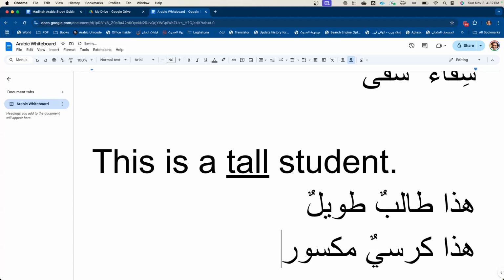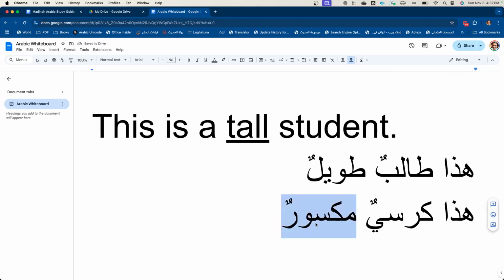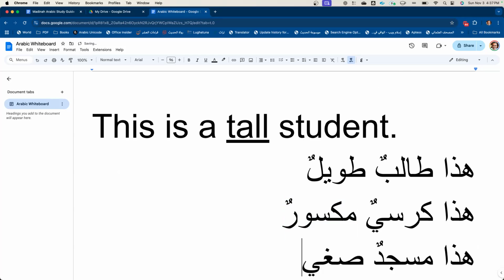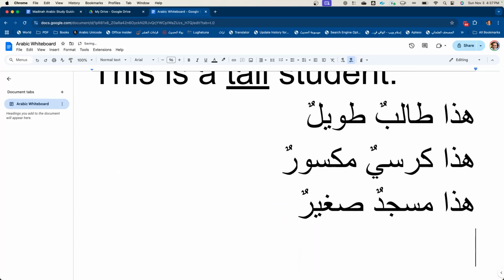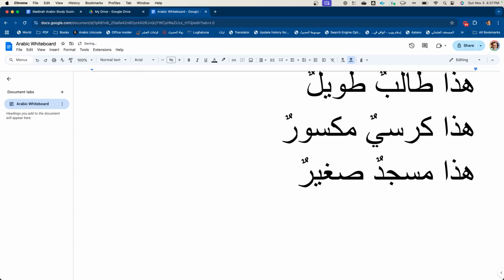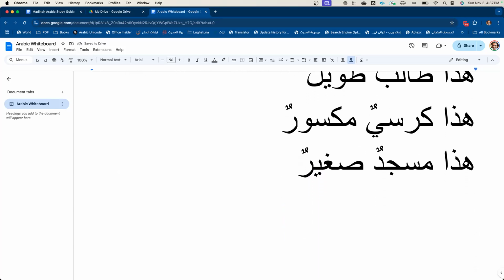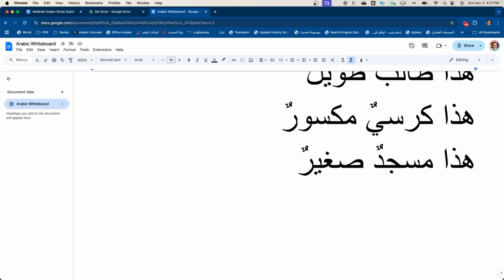Yeah, مكسور is also an adjective. Okay, it's a description, but it's also an adjective. So you can use it as an adjective over here. Then you can say this is a small masjid. هذا مسجدٌ صغير.